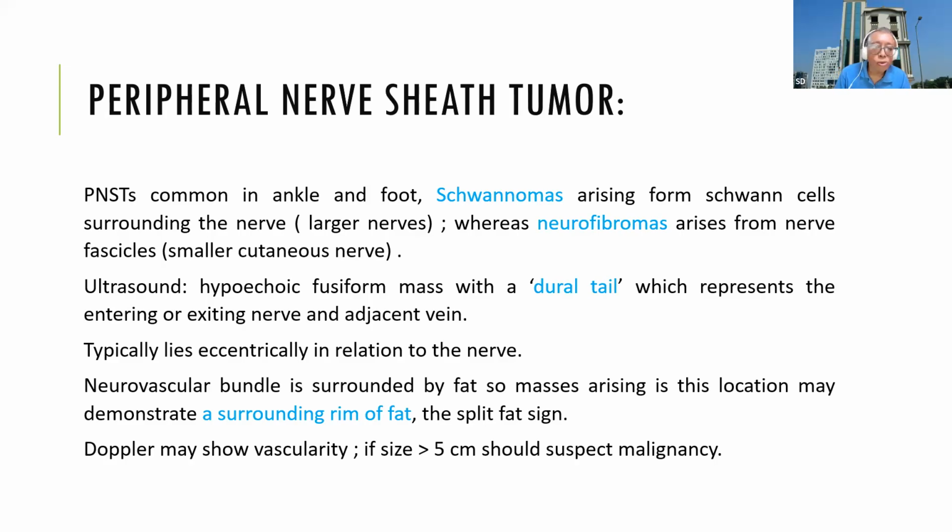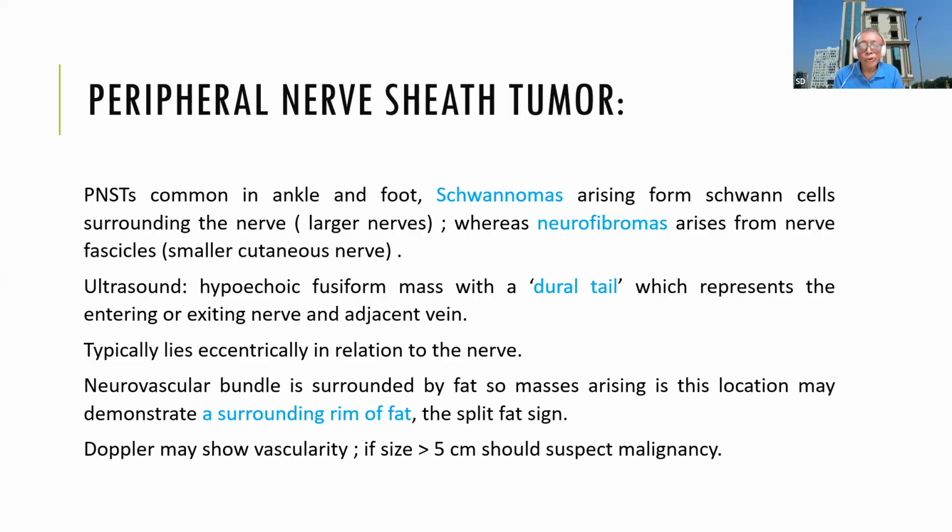And in ultrasound examination, we can see a hypoechoic fusiform dilatation with a typical dural tail. This dural tail basically represents the nerve which is entering or exiting this neuroma. So suppose there is a neuroma, and a nerve is going inside it. It will be classically seen as a hypoechoic fusiform dilatation with a rat-like tail, or dural tail, either entering or exiting the neuroma.